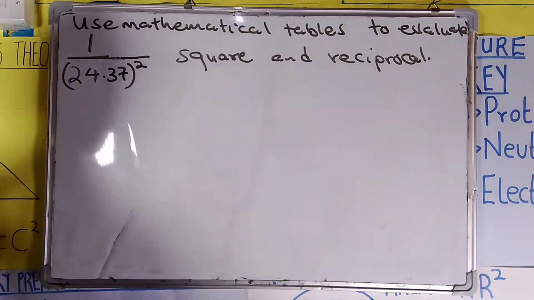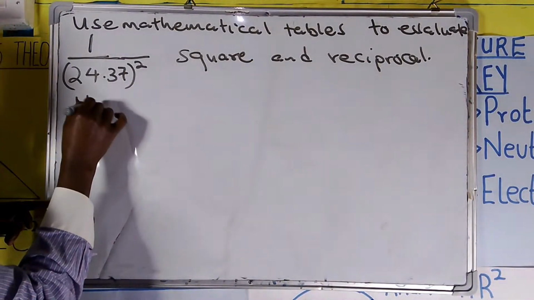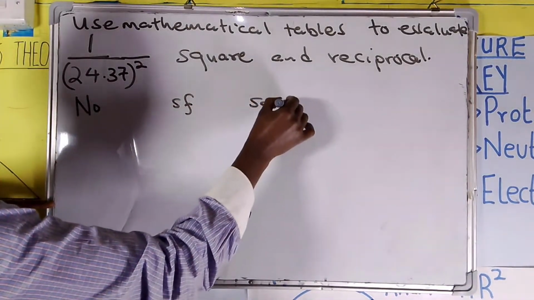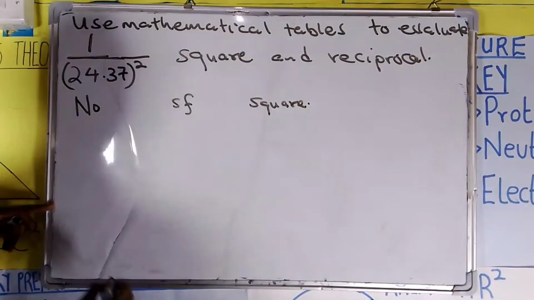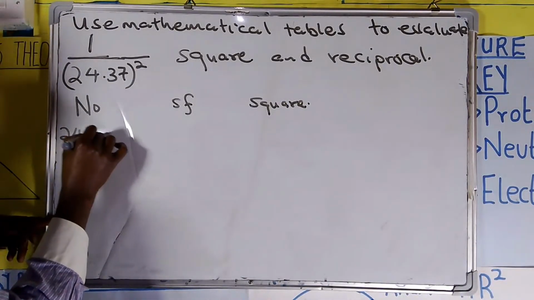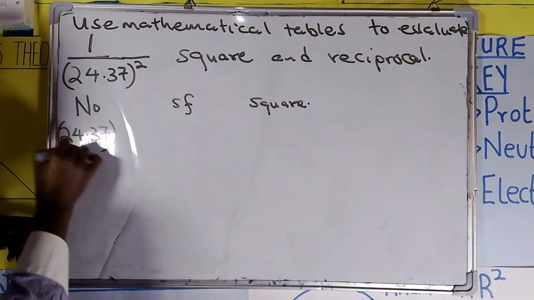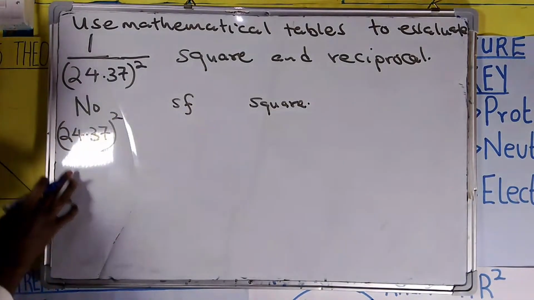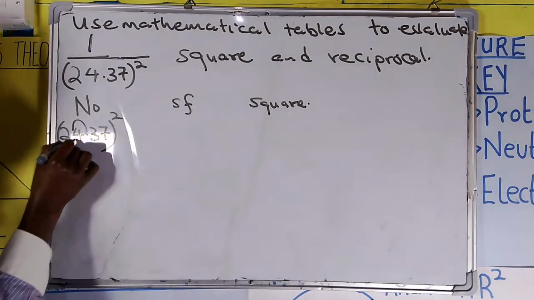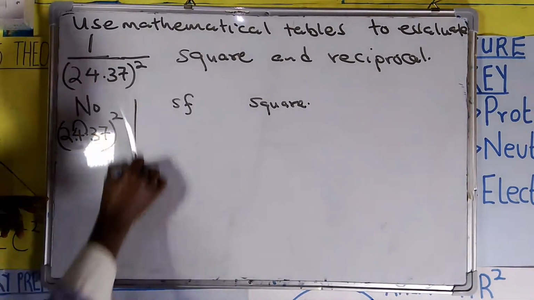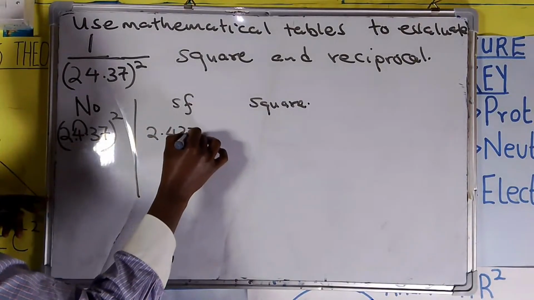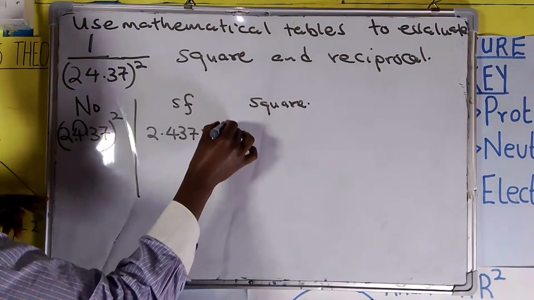So what we are going to do, we can have another small table of number, then standard form, then square. So our number is 24.37 squared. Let us write this number in standard form. We will take this decimal here, and we are going to have 2.437 times 10 to power 1.